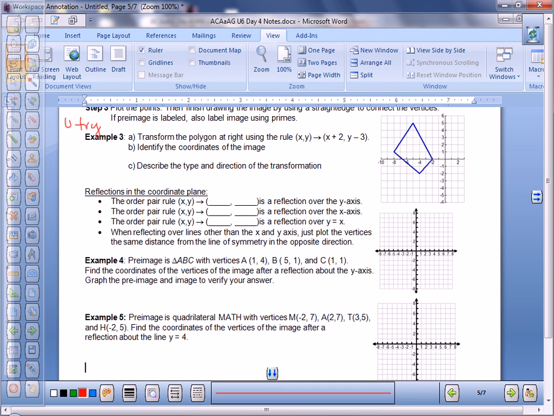Would you like us to answer number 3? It says identify the coordinates of the image. So you have to identify the coordinates.